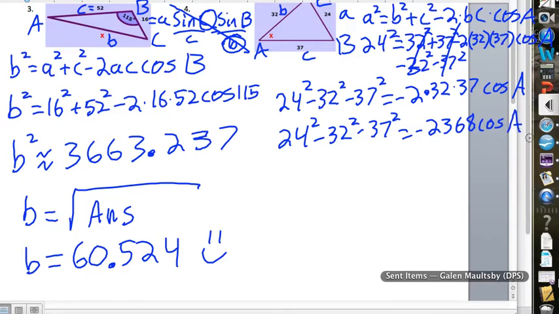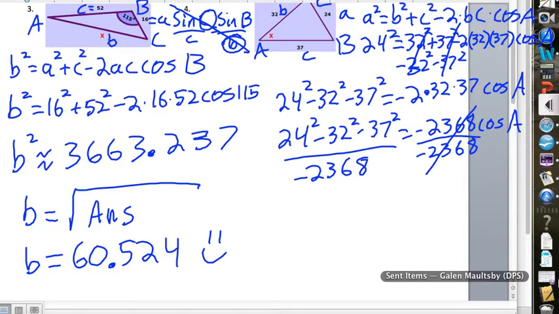And our goal is to find A, so we're working backwards. When you work backwards, you do the order of operations in reverse. So that's why we actually did addition and subtraction first. Now we're going to undo multiplication with division. And then the last thing we'll undo is the cosine expression. So we're going to divide on both sides by negative 2,368.